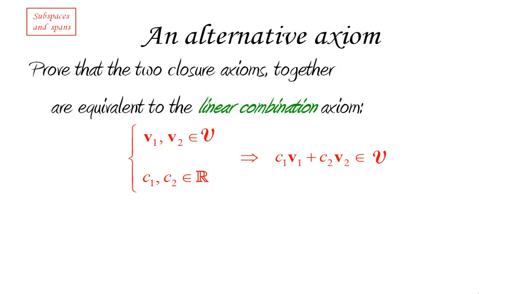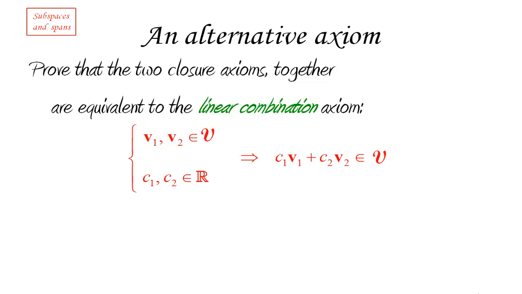Your task is to show that if the two closure axioms we've seen so far hold, then this property is satisfied, and on the other hand, that if this property is satisfied, then both of the closure axioms hold. That means those two axioms together are equivalent to this linear combination axiom.